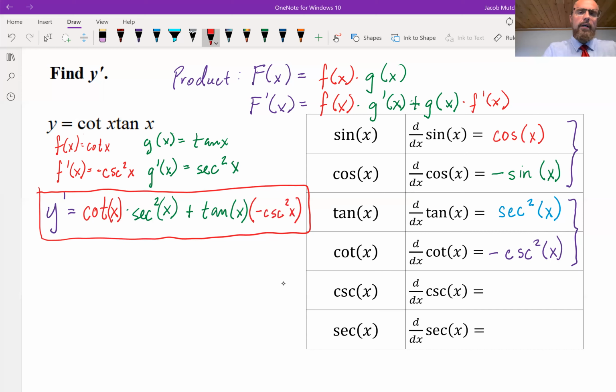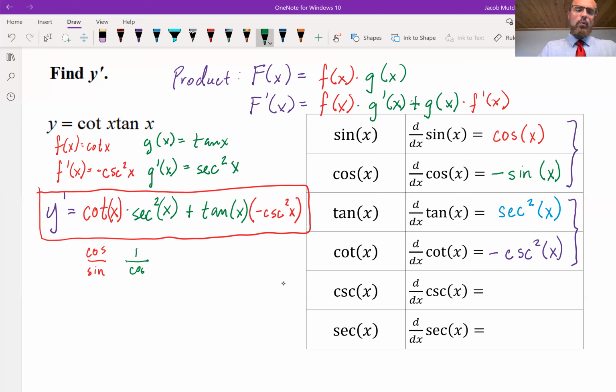So one thing we got to remember is that cotangent, secant, tangent, and cosecant are all definable in terms of sine and cosine. So I'm just going to start rewriting stuff. Cotangent is equivalent to cosine over sine of x. I'm going to write it in a simplified form there. And then secant squared x is really, if I think secant, that's the inverse of cosine. So it's 1 over cosine.